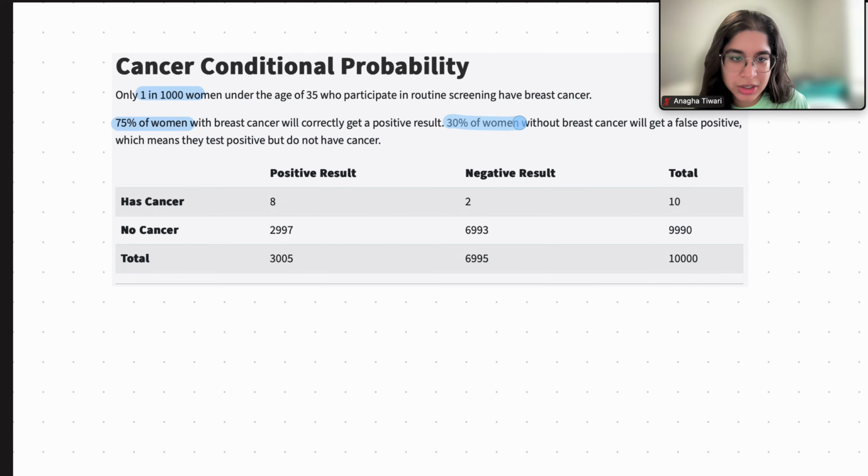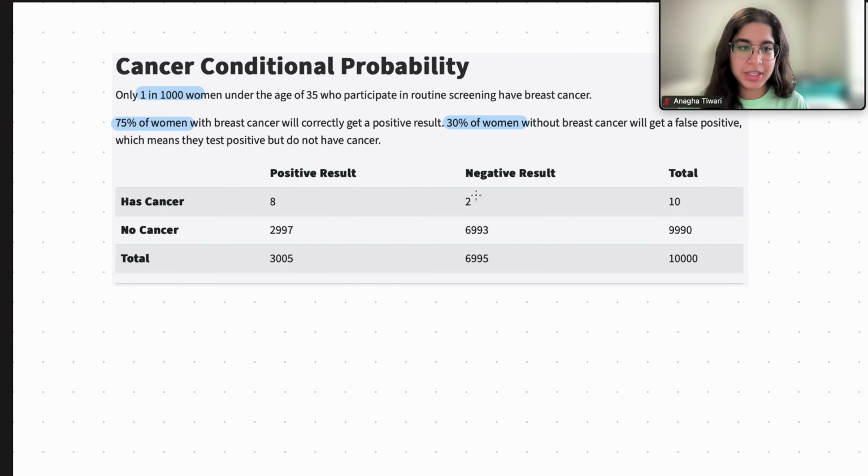And then finally, 30% of women without breast cancer will get a false positive, which means they test positive but do not have cancer. So the probability that you test positive but you do not have cancer is going to be 30%.